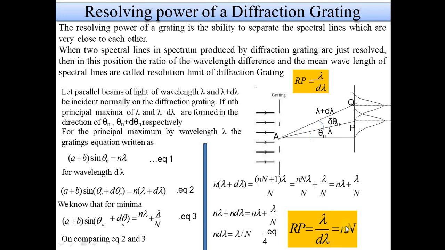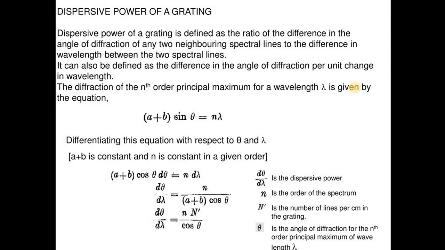This is the expression for the resolving power of a diffraction grating. So just keep in mind resolving power lambda by d lambda is equal to n into N, and try to study the derivation.